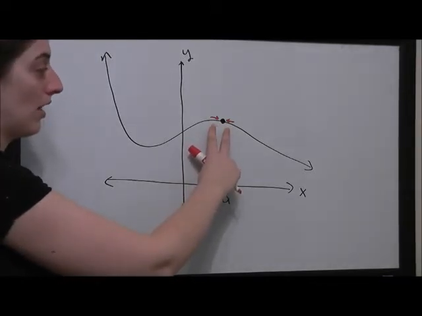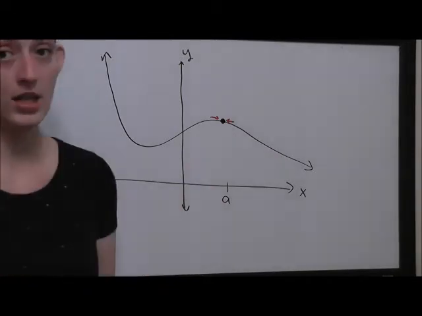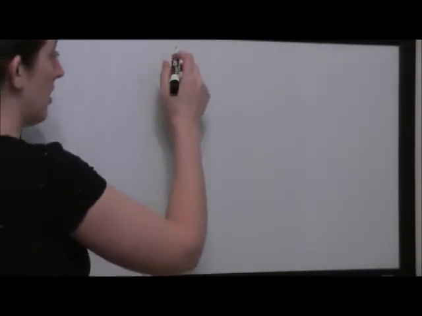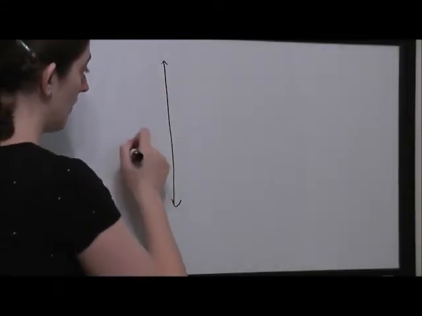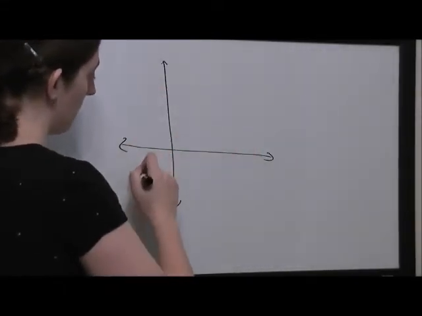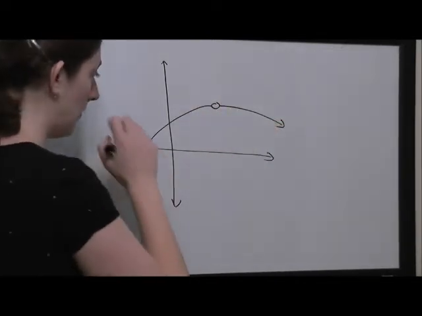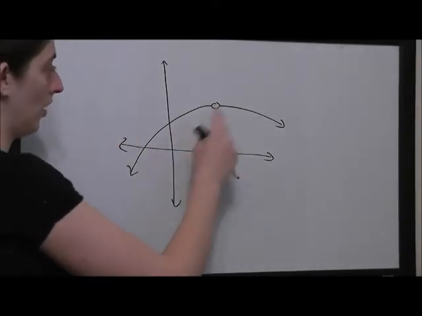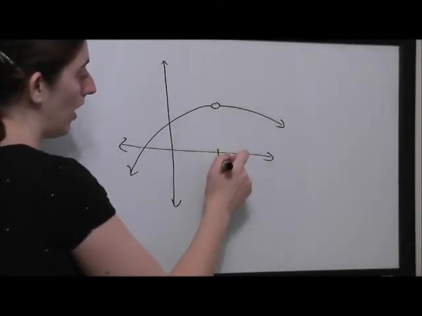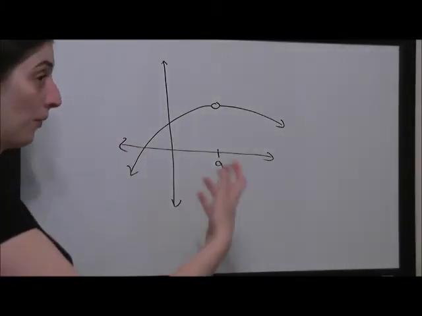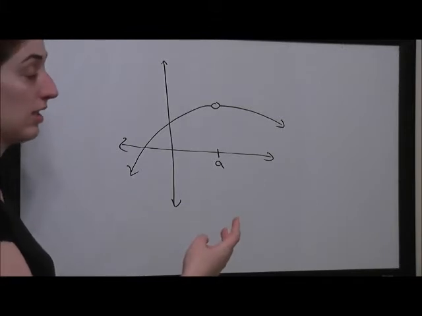So you might be wondering then, what is something that's not continuous? All right. So let's draw one of those, and we'll talk about why then it's not continuous. All right. So here we have a graph, and we're going to look right here at A. What I mentioned before is that basically two things need to happen.